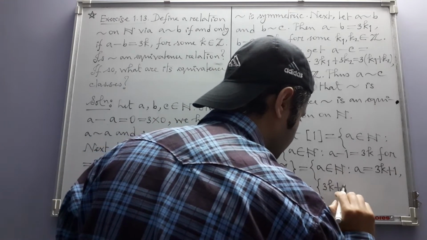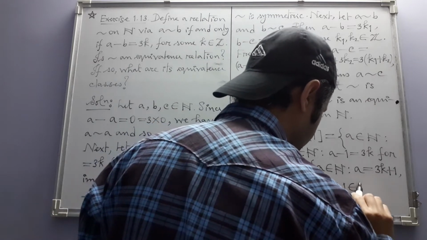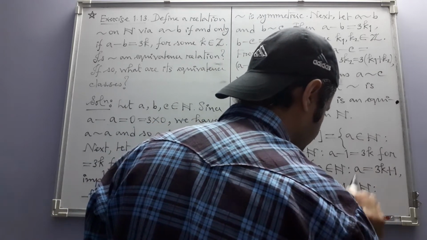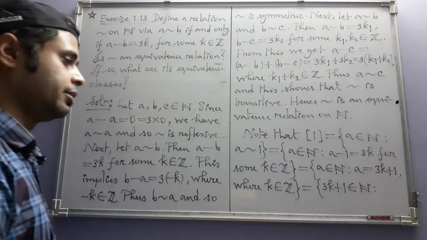It is the set of all natural numbers 3k plus 1 such that k is an integer.